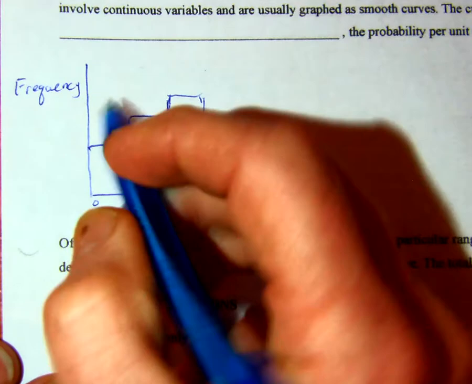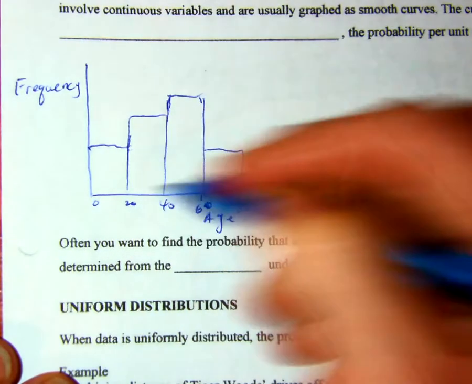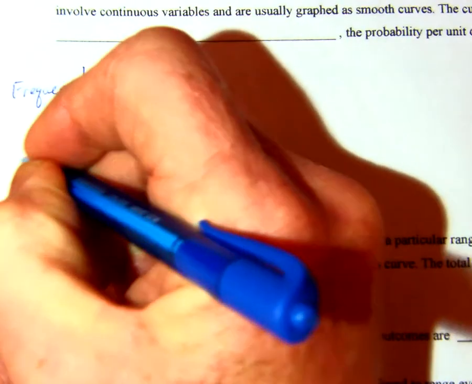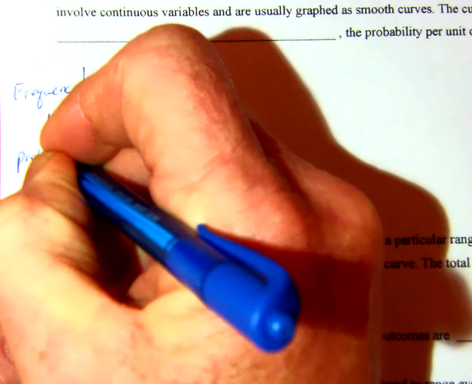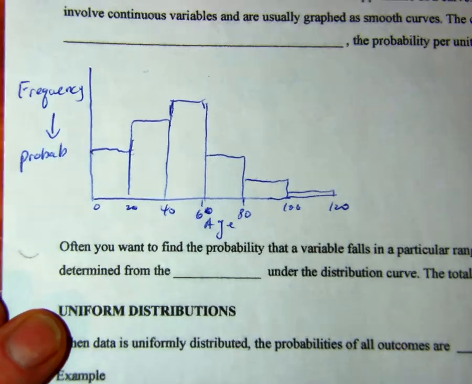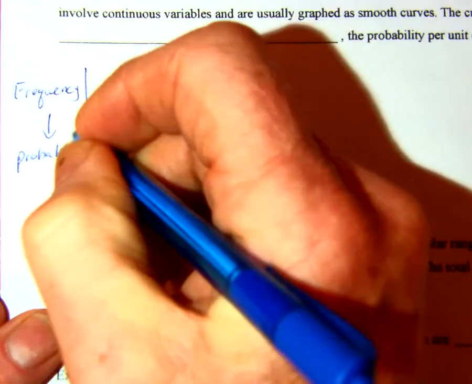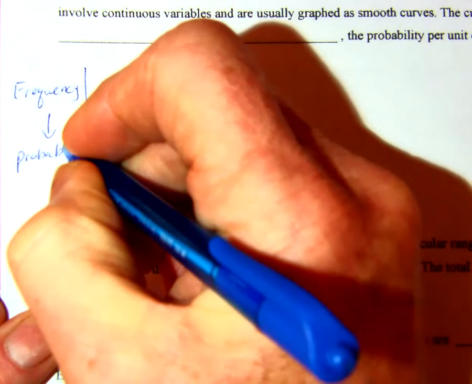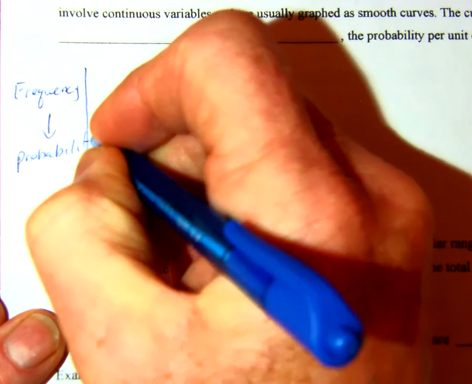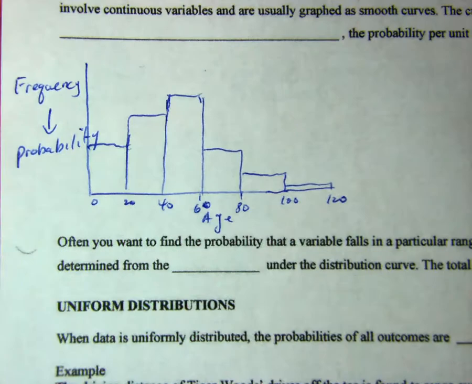Or if you divided by the total population, you could convert that to probability. What's the probability that a randomly selected person would be in there? So you could record it as either frequency or probability. Frequency would be in millions, and probability would be a number between 0 and 1.